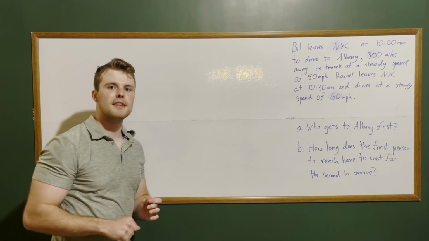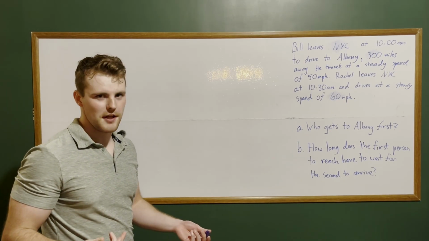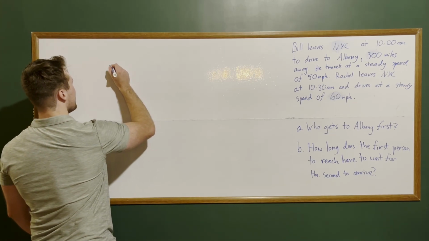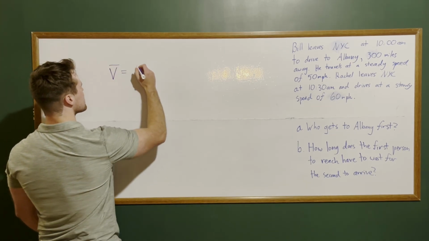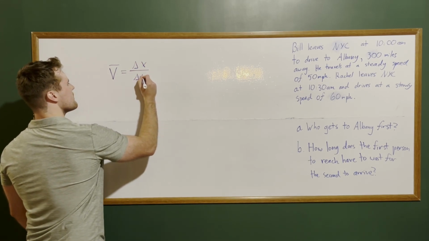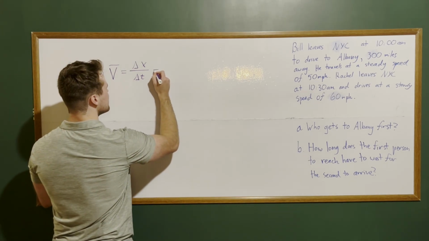Well, this is only going to use one equation. So let's first write down our definition of velocity. Average velocity equals delta x, which is displacement, over delta t. Let's expand this.